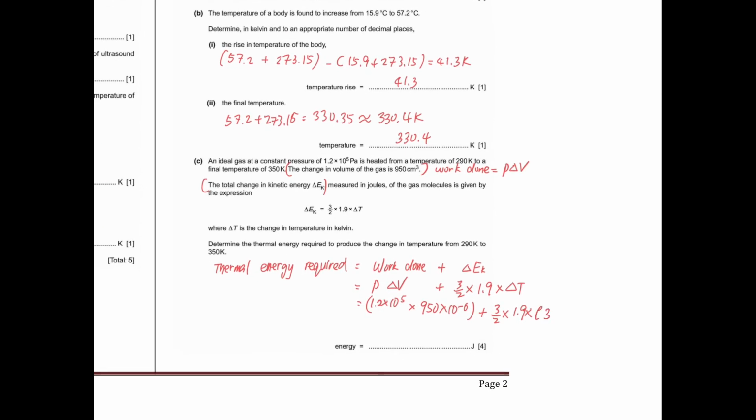Then we get 114 joule for the first one. For the second one, we get 171 joule. So add up and we get 285 joule. So you have to know something like that: thermal energy is required to do the work to expand and to increase the kinetic energy.